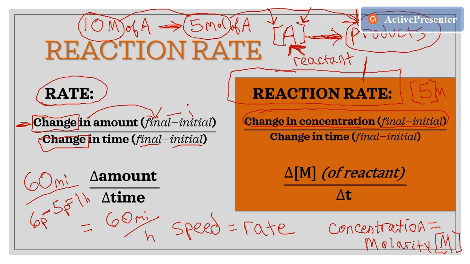And then over the change in time, the final minus initial. So if you started with a stopwatch at 0 seconds and stopped at 10 seconds, that's the final minus the initial. That's going to be 10 seconds. So this rate of reaction is going to be the concentration of 5 over 10 seconds. And that's going to be the rate of reaction.